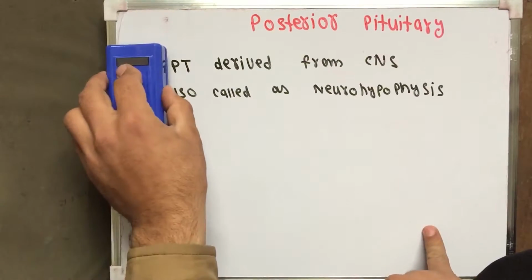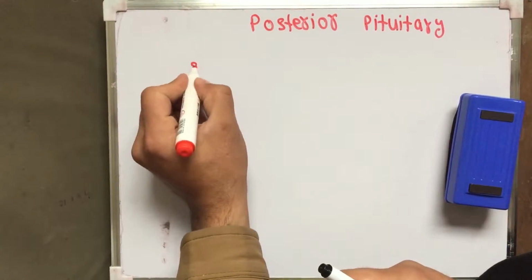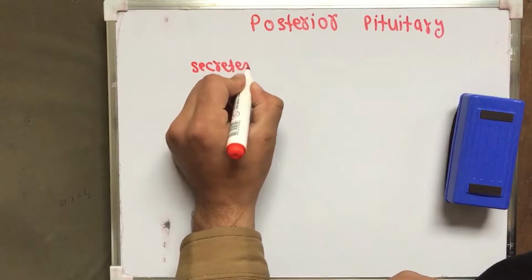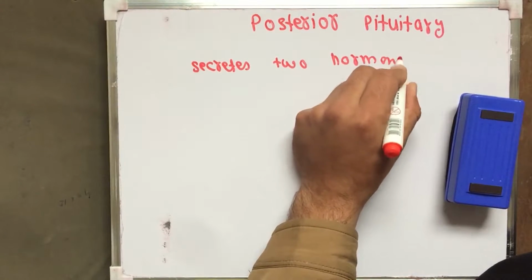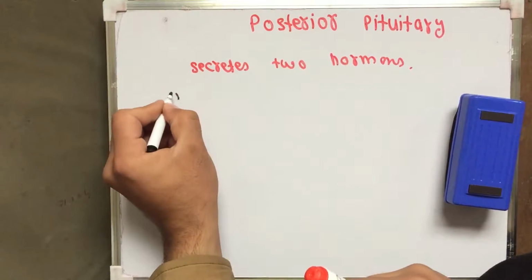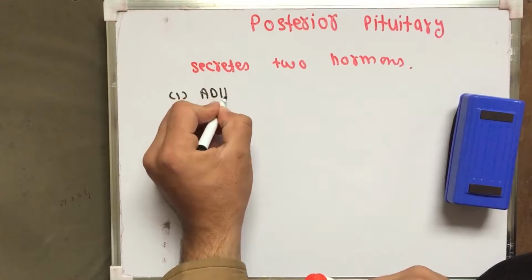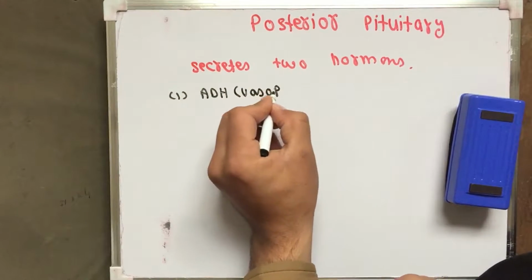Now posterior pituitary secretes two hormones. What are these hormones? One hormone is antidiuretic hormone, which is also called vasopressin.